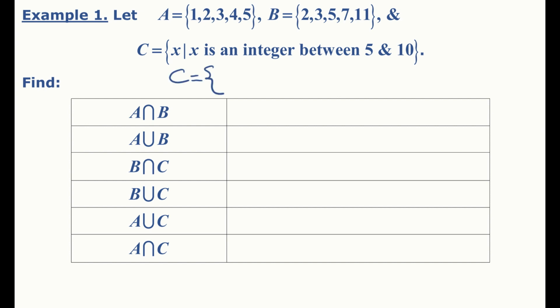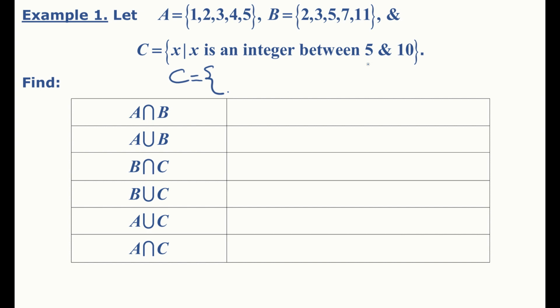First of all, be aware of the fact that when we say between 5 and 10, that does not include 5 and 10. So be very careful with that. If we wanted to include those, we would say between 5 and 10, then put a comma and say inclusive, and that would include 5 and 10.